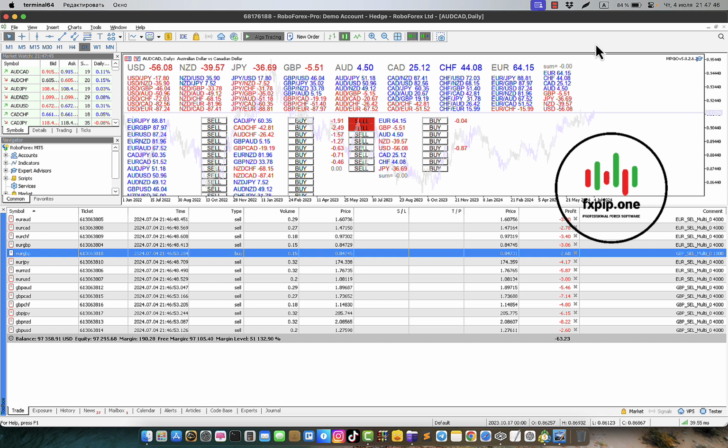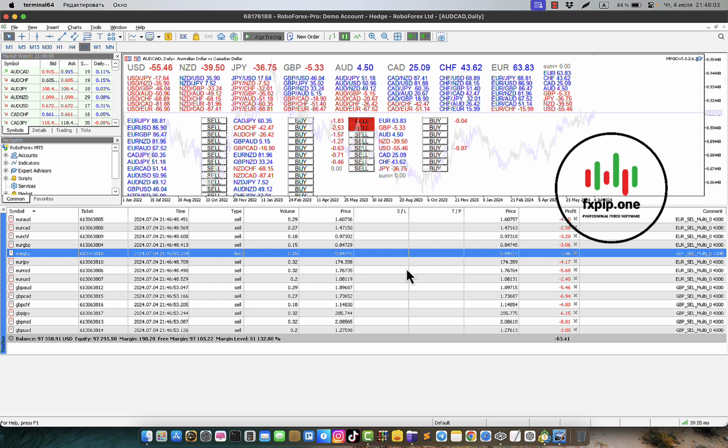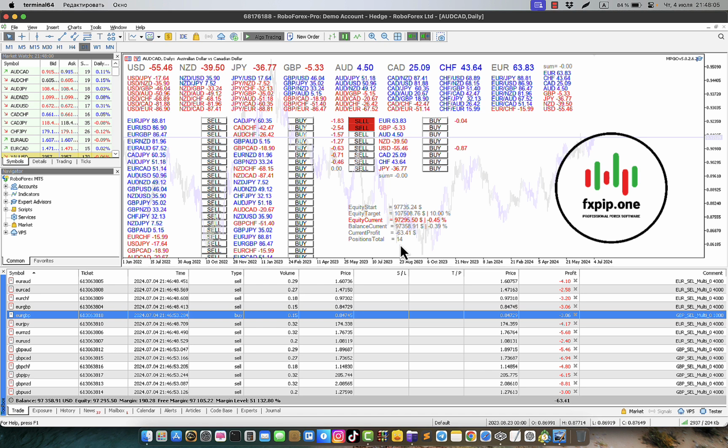Maybe we can combine two currencies in one multi-pip step, like Euro plus USD, sell and buy, and they have, for example, now how many orders? They have 14, but they will have 13.